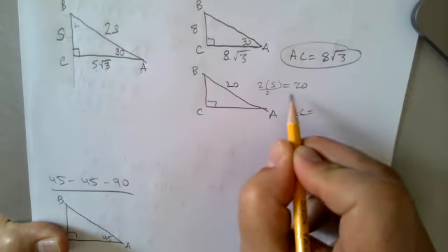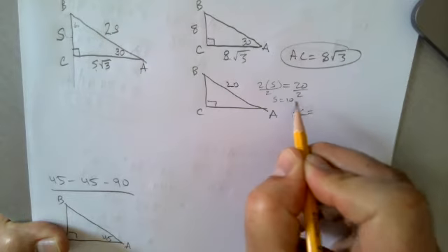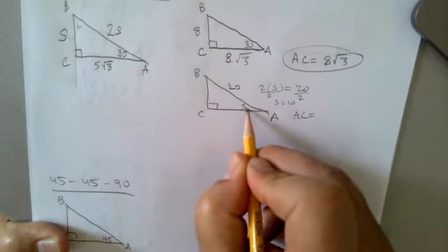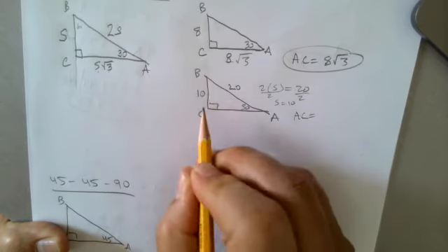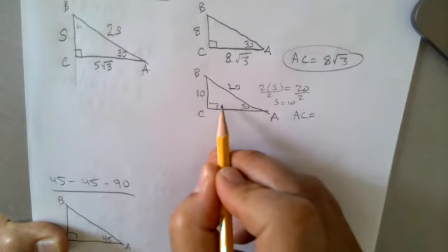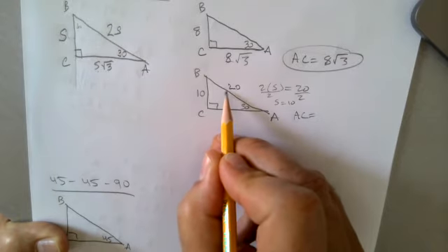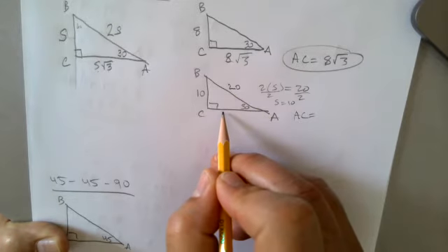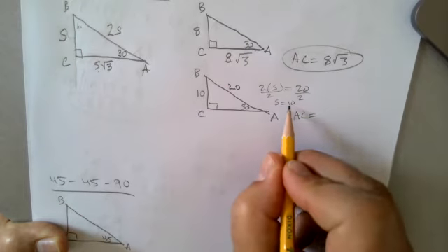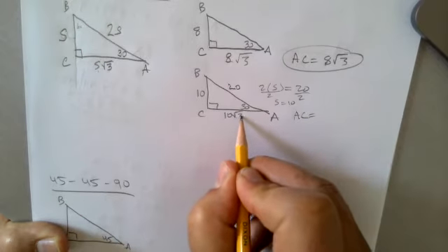This is being multiplied by 2, so I'm going to divide by 2, and that means S is equal to 10. In other words, if this side is 20, this side must be 10. The side opposite 30 is the smallest, the side opposite 90 is the biggest, and the side opposite 60 will be in between those two. And that turns out to be S root 3. So if S is 10, this would be 10 root 3.